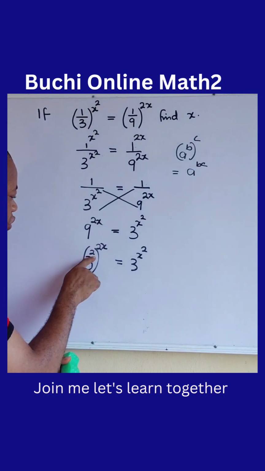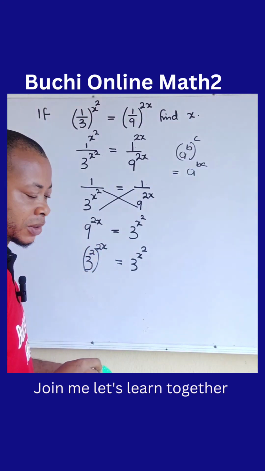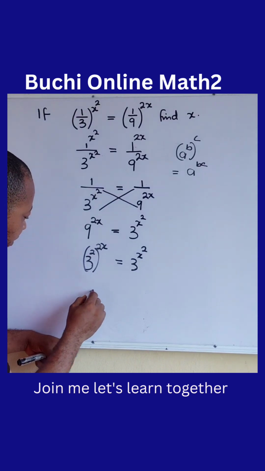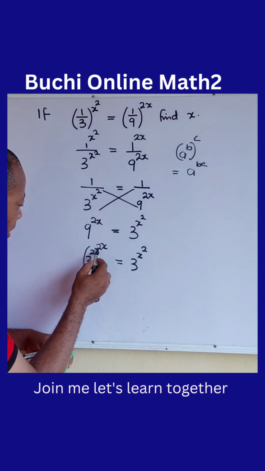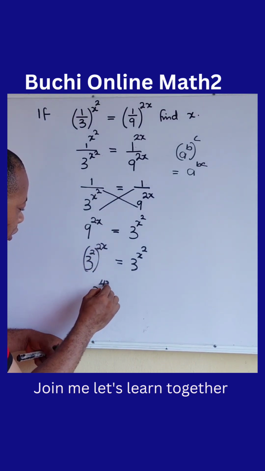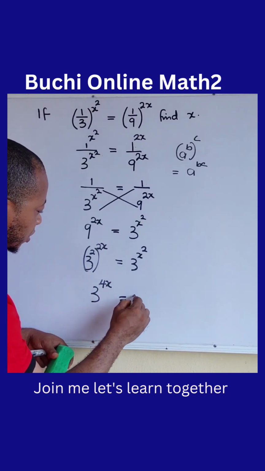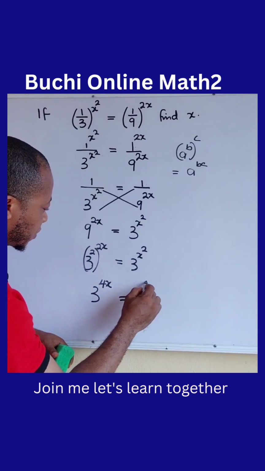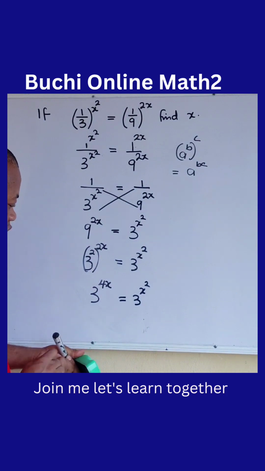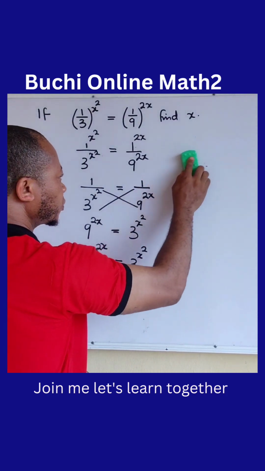So we use 2 to multiply 2x to get 4x. This gives 3^(4x) equals 3^(x²). This is what we have at this point.